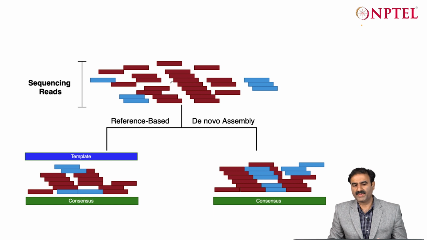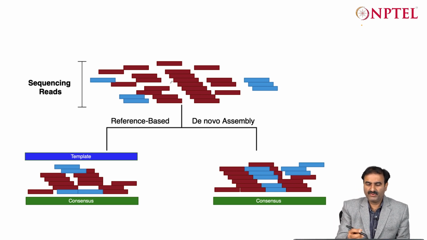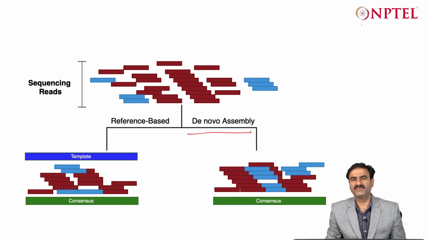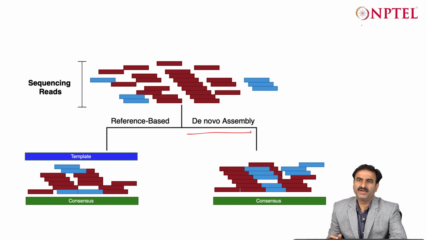And then there are again two things. Either you are going for a de novo assembly, that means you do not know the genome or there is no other genome known for that species, and you are assembling the reads, constructing the contig scaffolds and trying to reconstruct the genome from scratch.